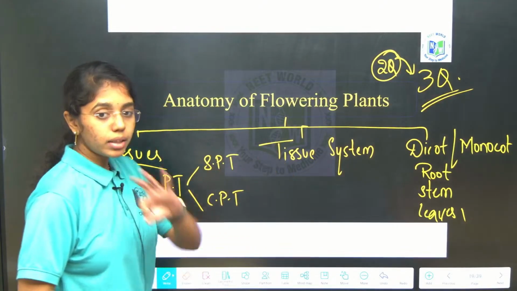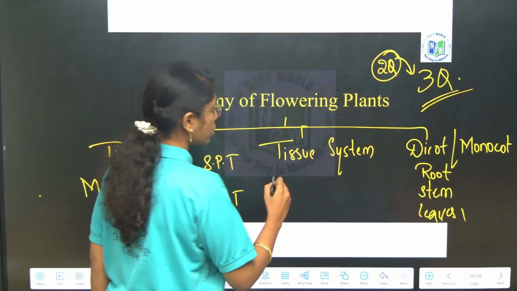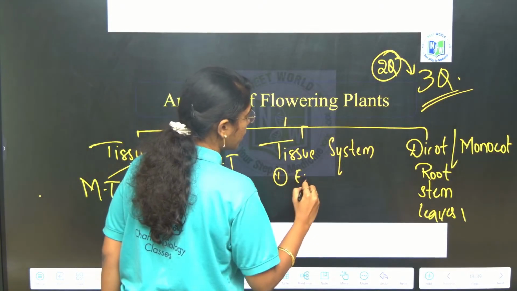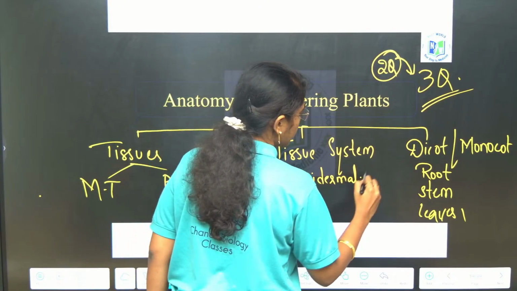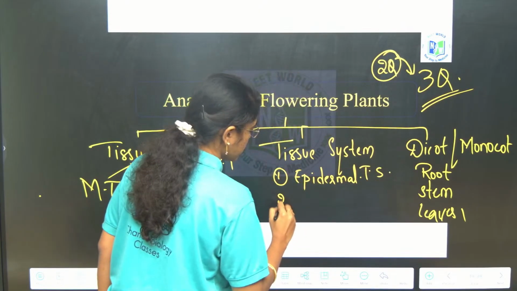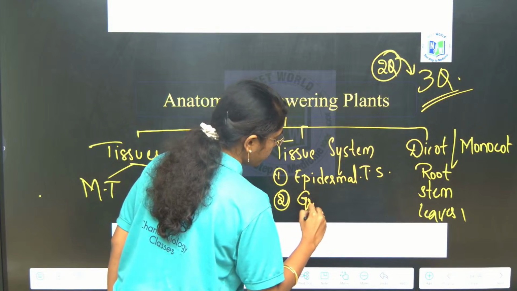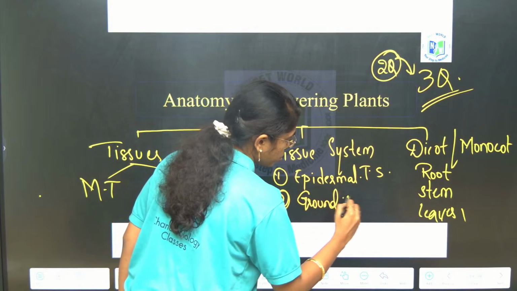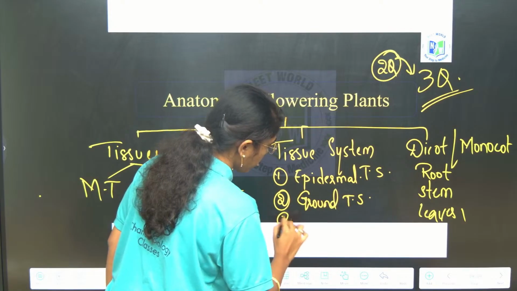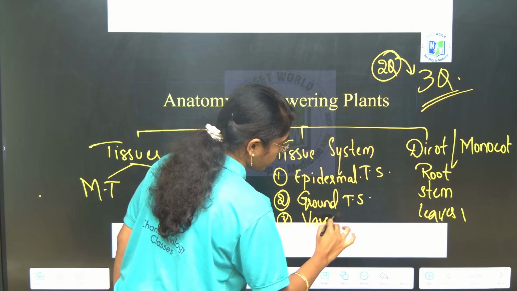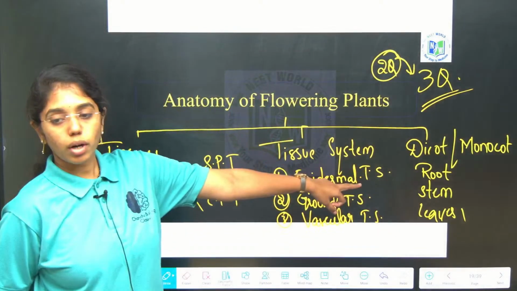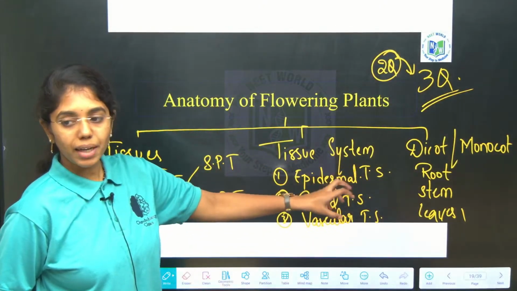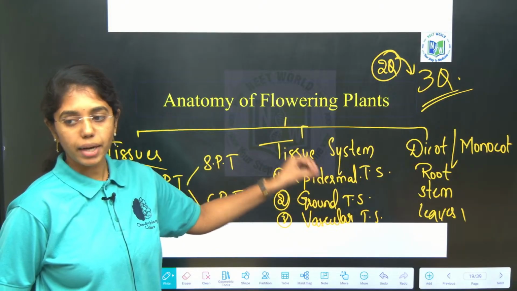We have to learn 3 tissue systems: epidermal tissue system, second is ground tissue system, and third is vascular tissue system. Dicot and monocot root, stem, leaf internal anatomy will be comparatively studied.